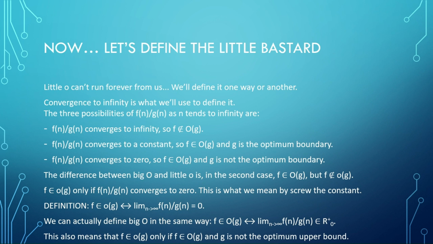So this also means that f is of little order g only if f is of big order g and g is not the optimum upper bound. R plus 0, that's positive reals including 0. I don't know if that's the proper notation, but it's the same with integers. So Z plus 0 is positive integers including 0. So I use the same for reals.